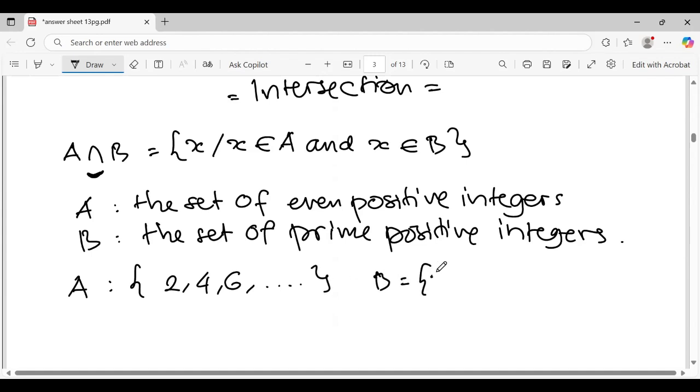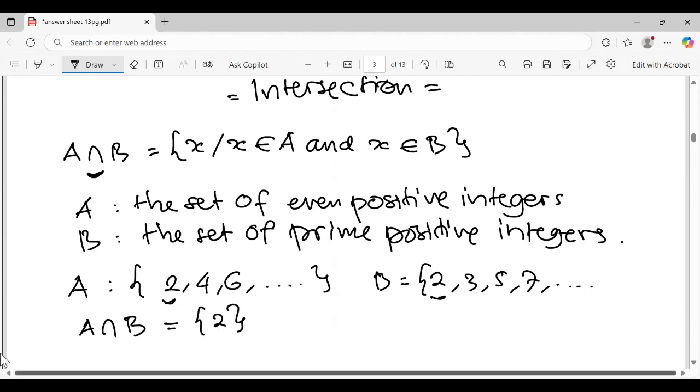The elements are 2, 3, 5, 7, and so on. So look at the same element, what is it? 2. Because there is 2 as an element of set A, and there is 2 as an element of set B. So we can state that A intersection B has the element 2.